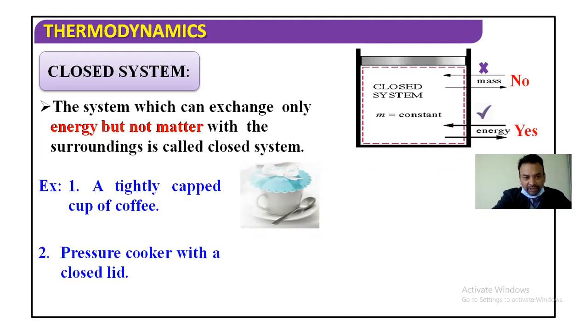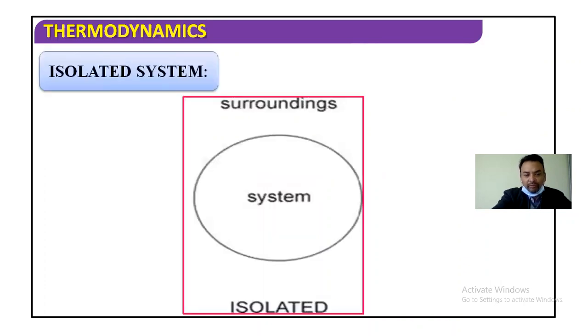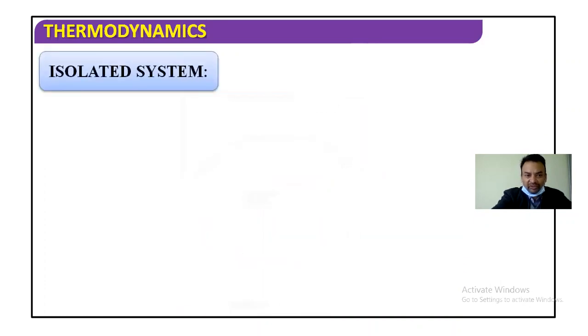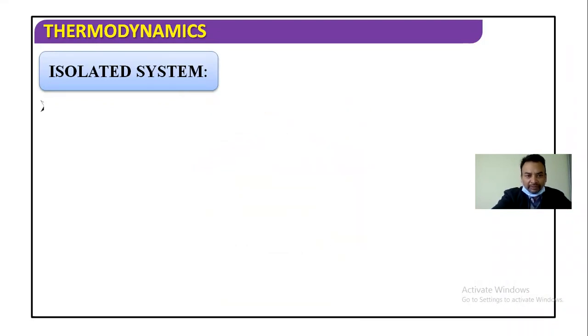We kept a plate; even a pressure cooker with a closed lid is a closed system. These are the examples of closed system. Only heat can exchange from system to the surrounding, but mass cannot be exchanged. And in the isolated system, nothing is exchanged: no heat, no energy, and no mass, nothing.